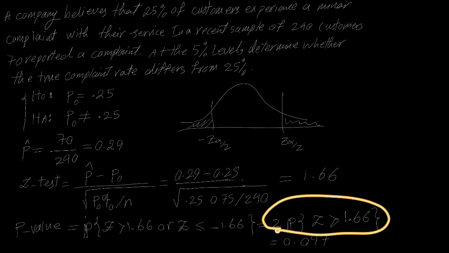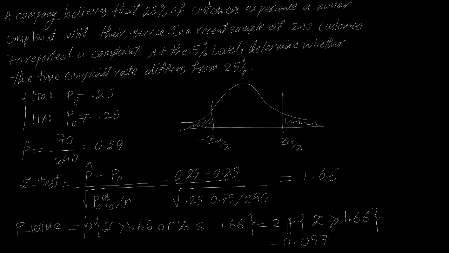So it is 2 times the probability of z greater than 1.66, or 2 times the probability of z less than negative 1.66. And this equals 0.097. You see that alpha here is 5%, and alpha is less than the p-value.